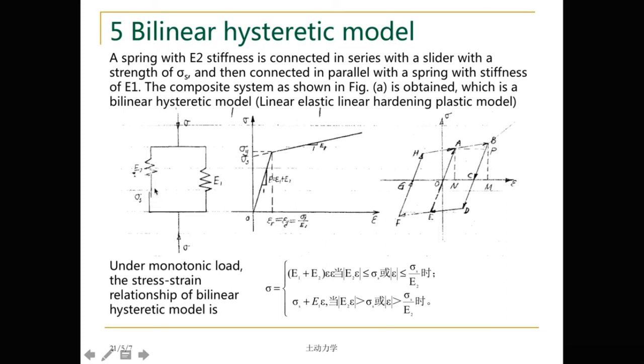We needn't consider it. Then the system is two springs connected in parallel. It will deform as a spring, but the slope is the sum of the two spring stiffnesses, so E equals E1 plus E2.